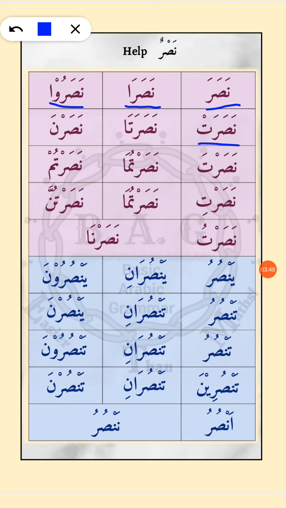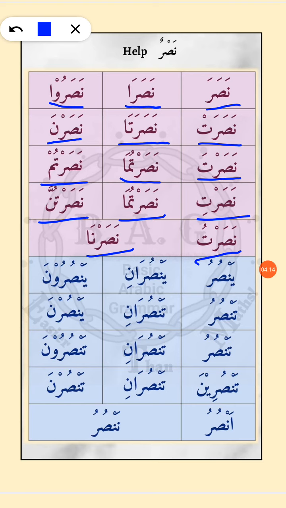Similarly, hiya nasarat, huma nasarata, hunna nasarna, anta nasarta, antuma nasartuma, antum nasartum, anti nasarti, antuma nasartuma, antunna nasartunna, ana nasartu, nahnu nasarna. Okay, if you want, you can practice it this way, while vocalizing the pronouns as well.